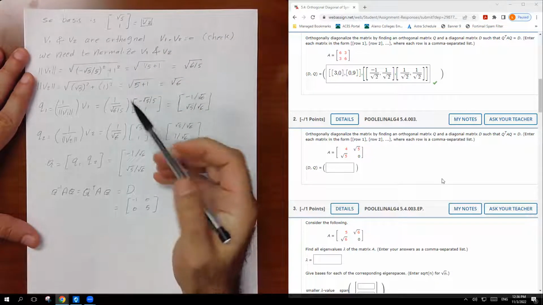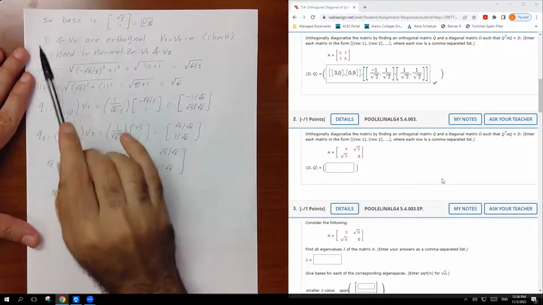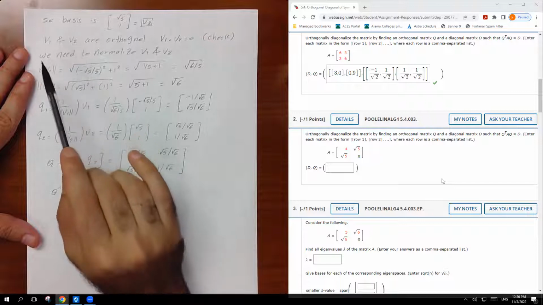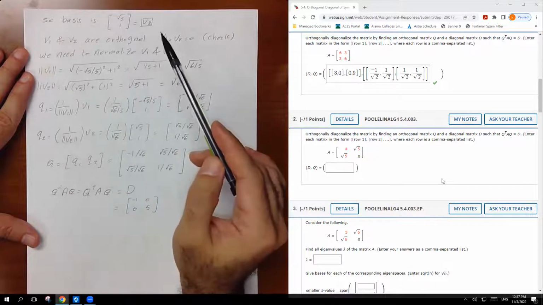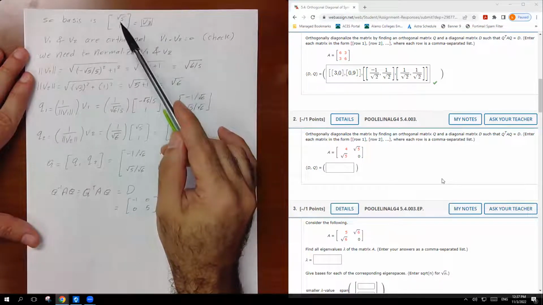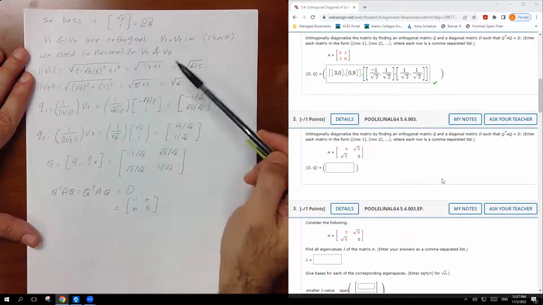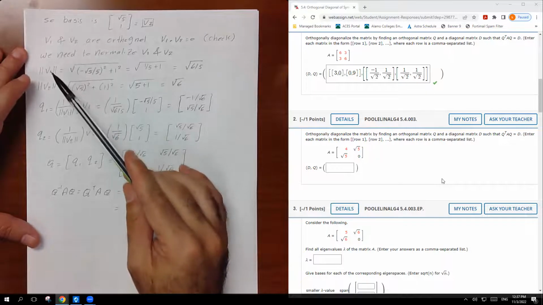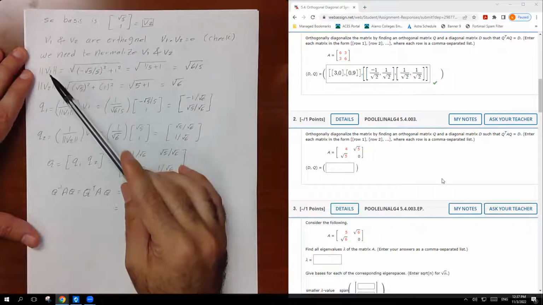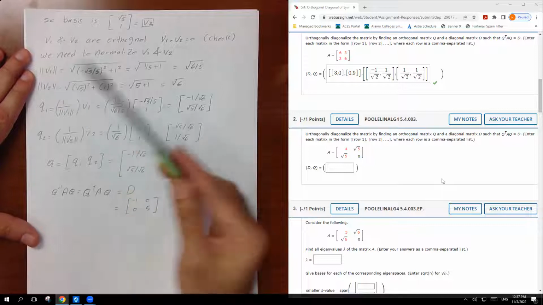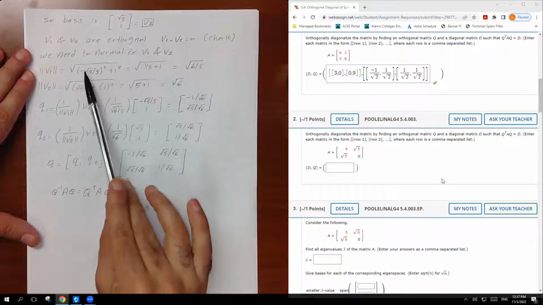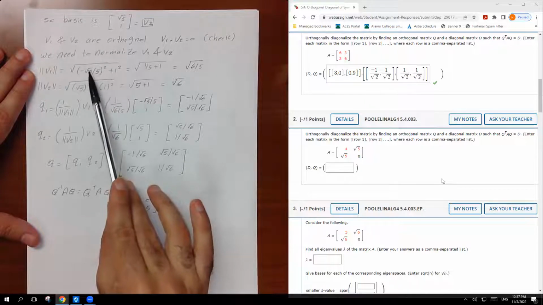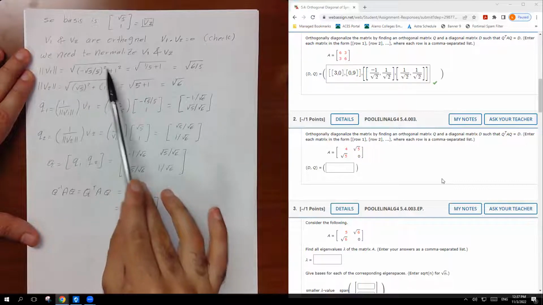So the same thing, we're going to check v1 and v2 are orthogonal. That means if you do the dot product between v1 and v2, it is going to be equal to 0. Now we have orthogonal vectors. We need to normalize these two vectors. So the length for the first one is going to be the square root of negative square root of 5 over 5 squared plus 1 squared.